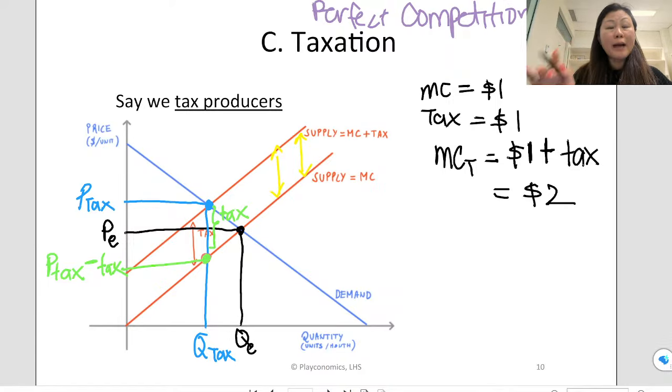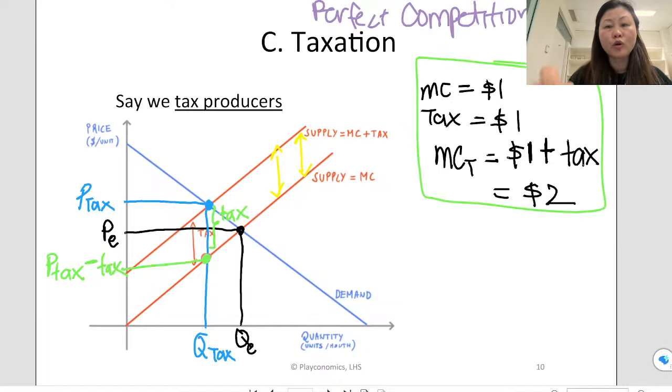So if we go back to what I was talking to you about before, where marginal cost is $1, your tax is $1, and the new illusion is $2. So it costs you $1 to produce something. This is your real, fundamental, reality-based cost.